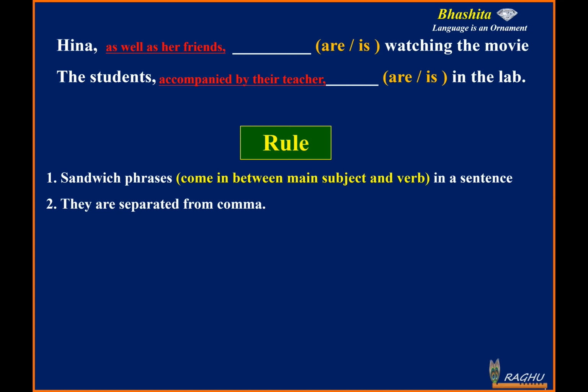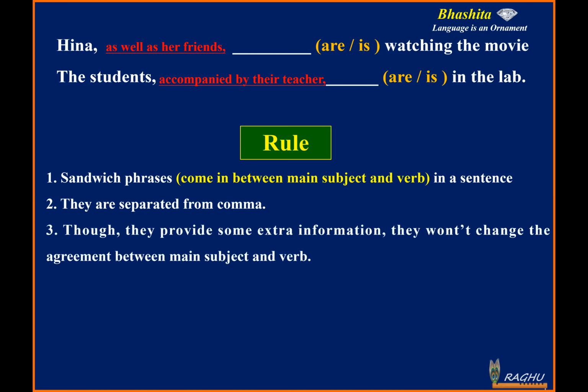So you might have understood what it means by a sandwich phrase. A sandwich phrase comes in between the main subject and the verb in a sentence. Generally, they are separated by commas. But what is this rule? How is it related to the sandwich phrase? Let me explain that.